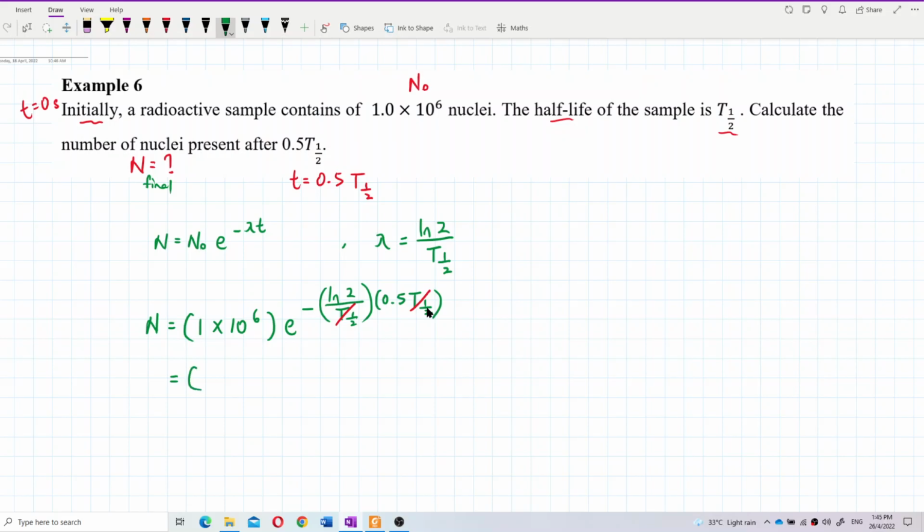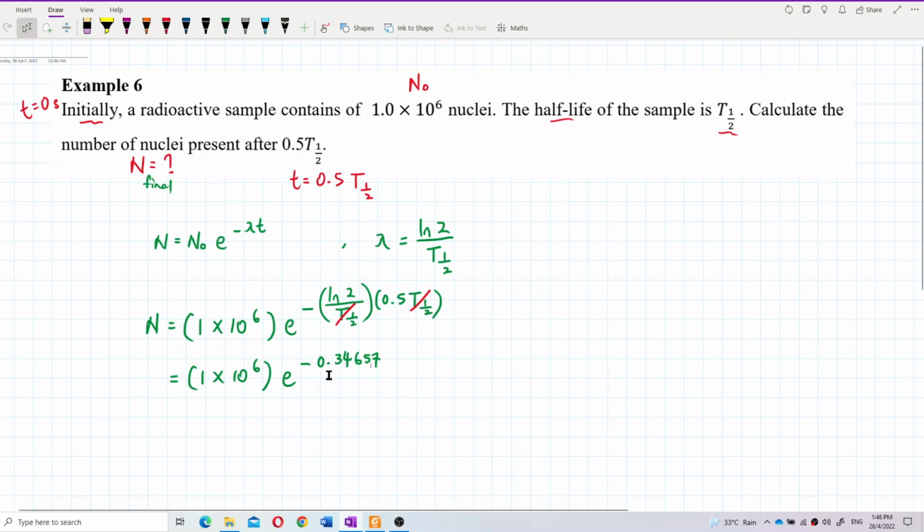So 1 exponent 6 and then exponent negative, ln 2 multiplied by 0.5. ln 2 multiplied by 0.5 gives 0.346574.